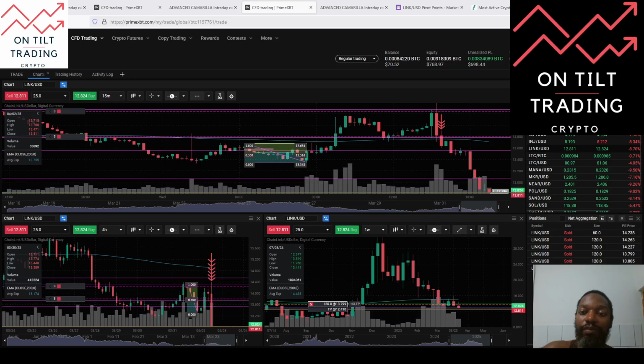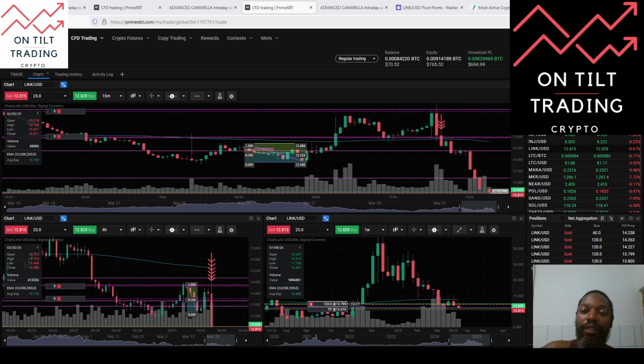Price action sells below this 200 EMA here. This is the 200 EMA, and this is also the S3 level. So at a critical level, this candle comes down. It engulfs. So it's an engulfing candle.